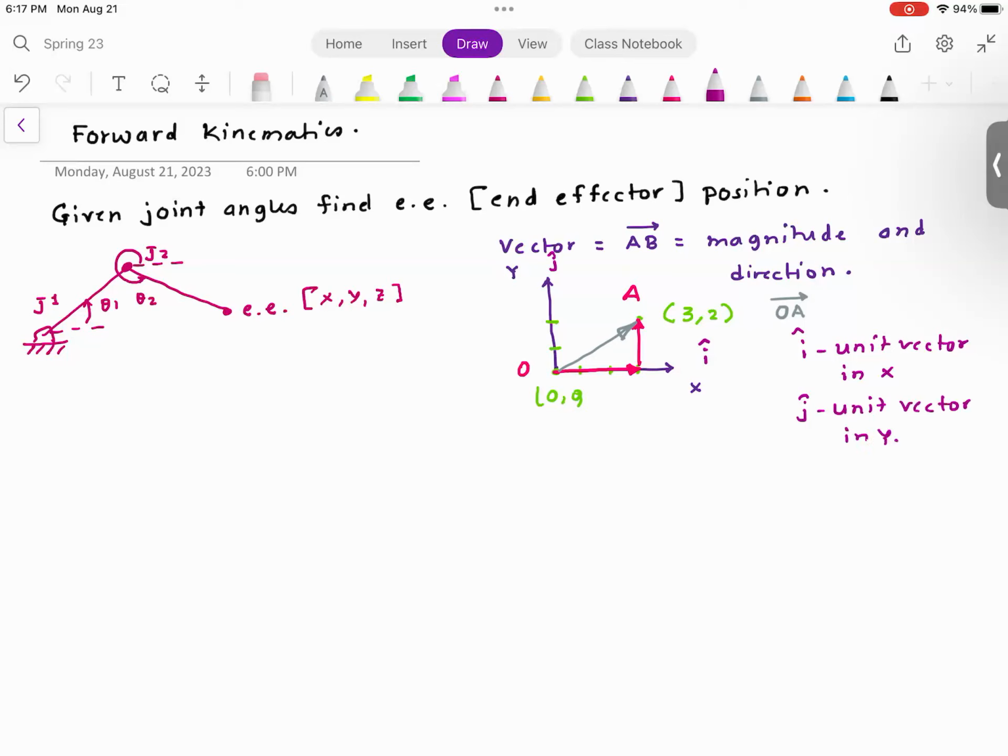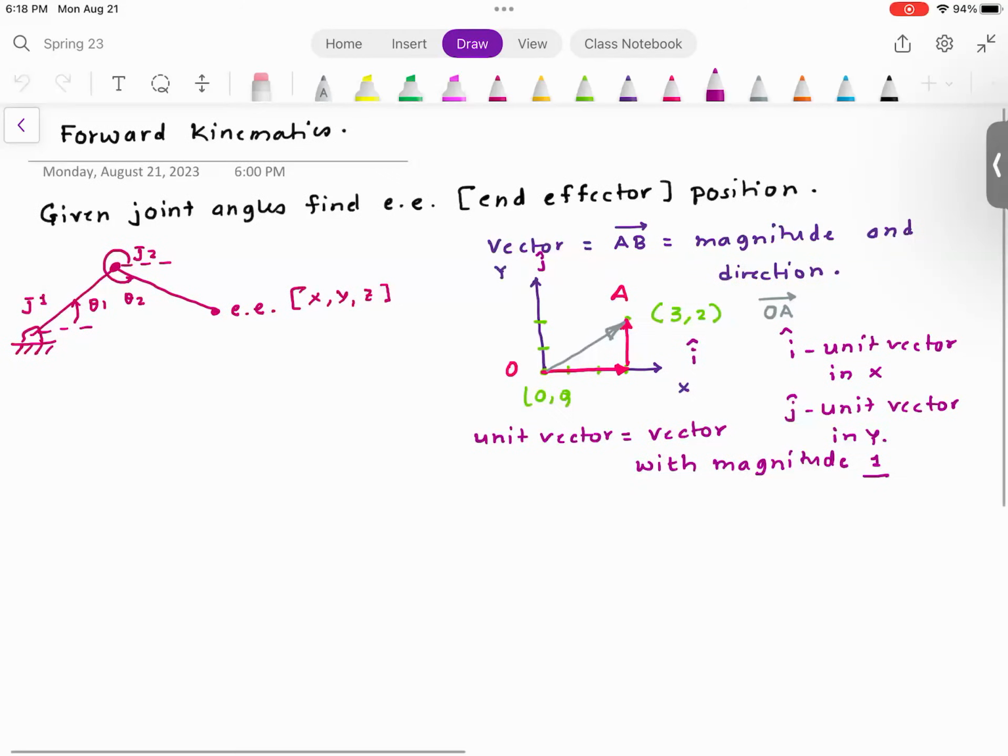A unit vector is a vector with magnitude 1. So a unit vector only indicates direction.